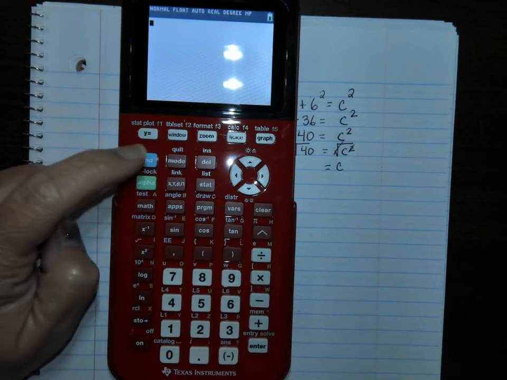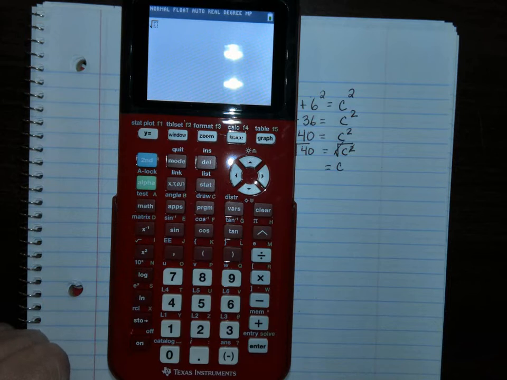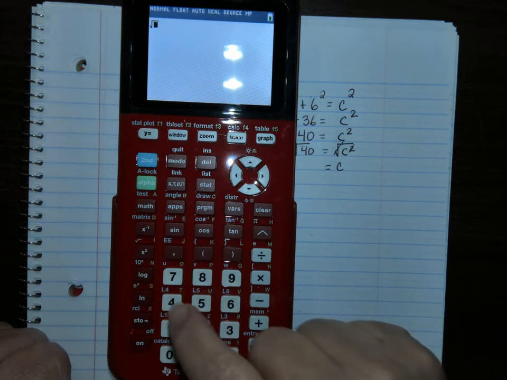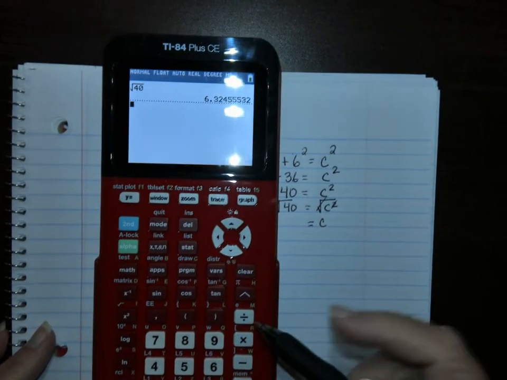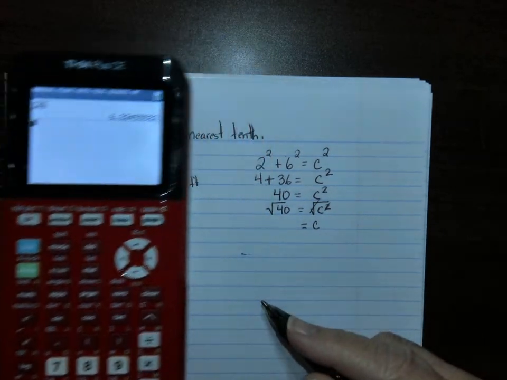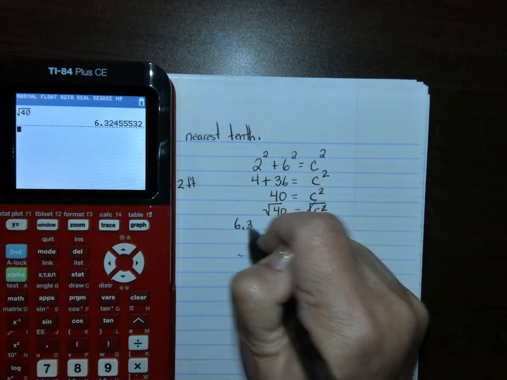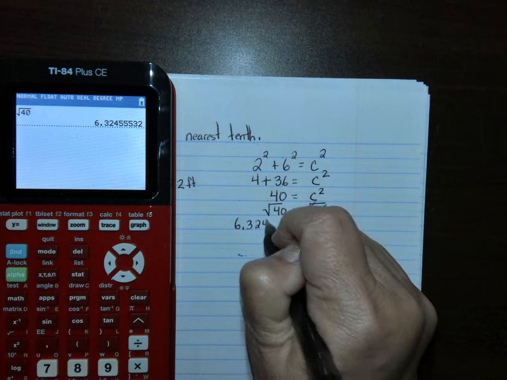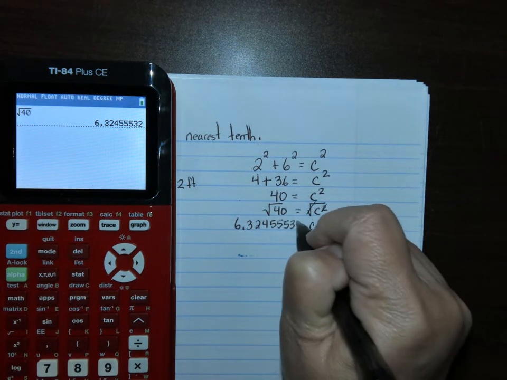So you're going to press second square root. That gives you your square root sign. So we want to know the square root of 40. So the square root of 40, and we press enter. And now I get this big long decimal. I'm going to write down exactly what my calculator says. 6.324555532.